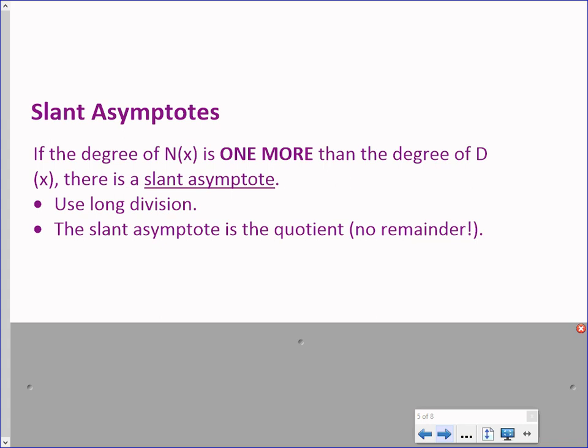So you would only be responsible for finding slant asymptote in that one particular case of greater than.